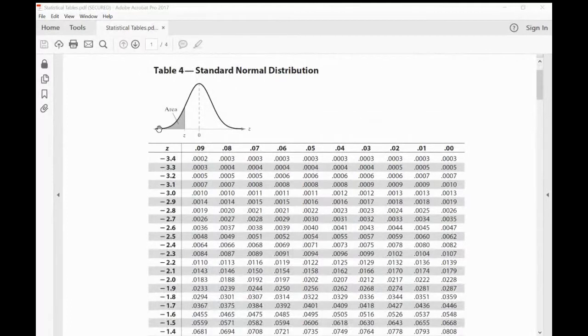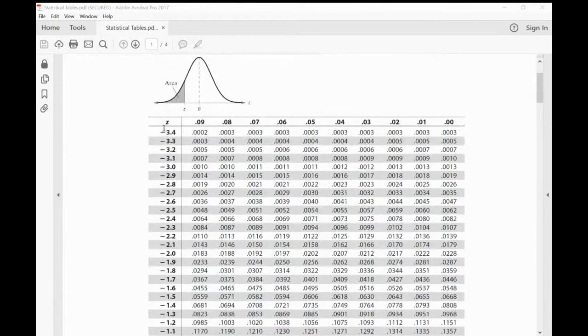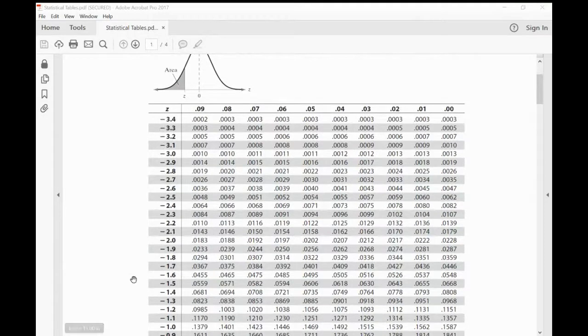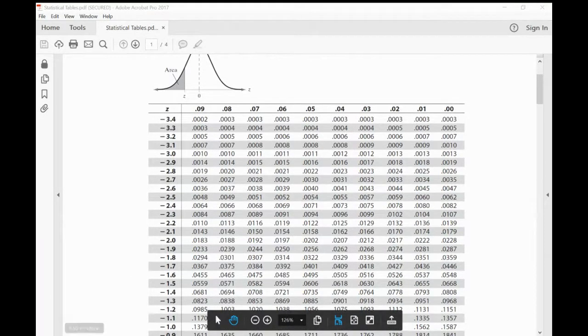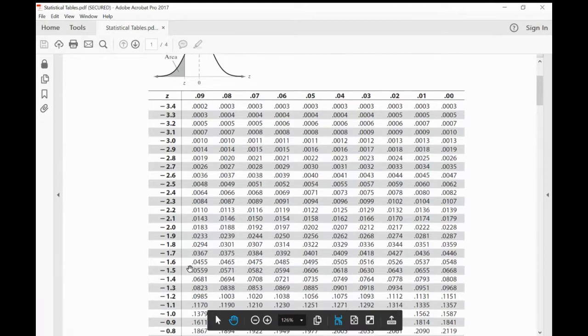Again, if you notice here in the picture, we're finding the area to the left. For our problem, we were looking for negative 1.25. If you notice right about here, here's my negative 1.2, and I'm looking for negative 1.25.